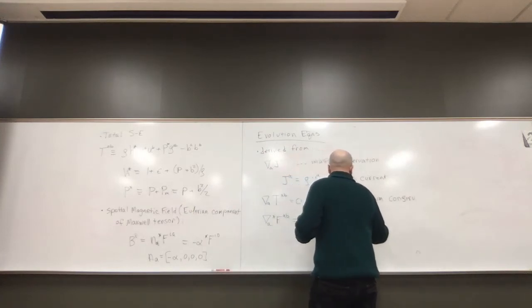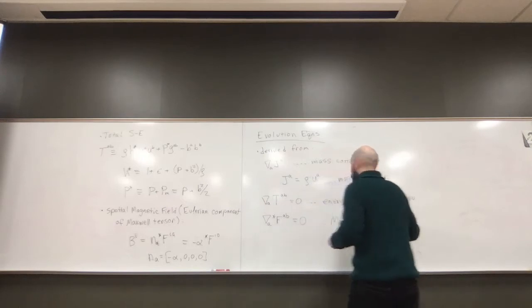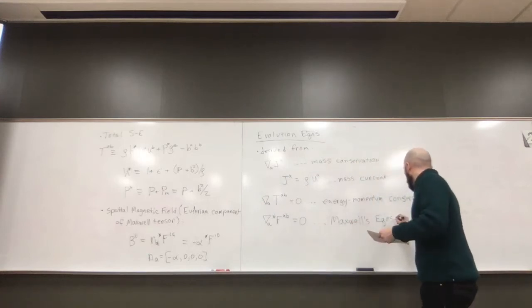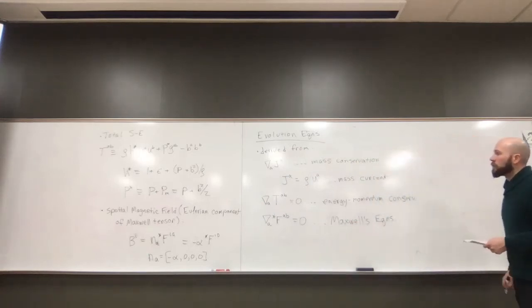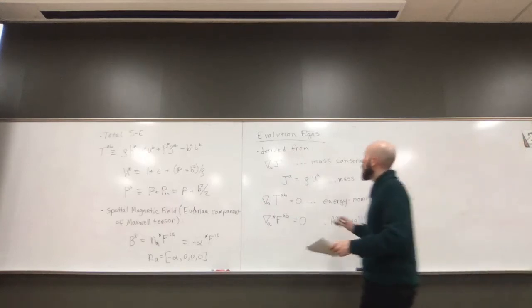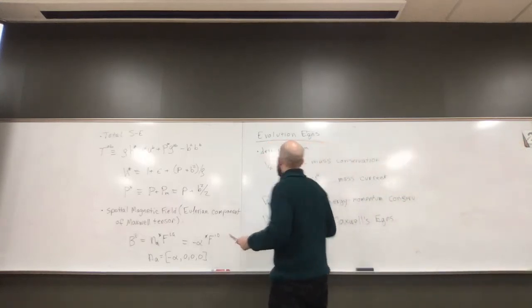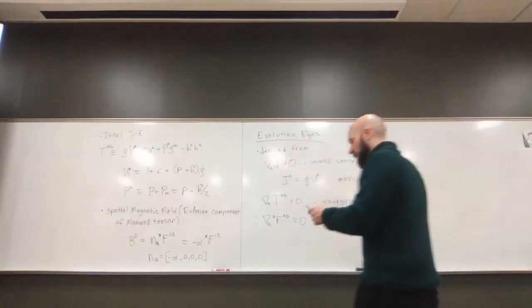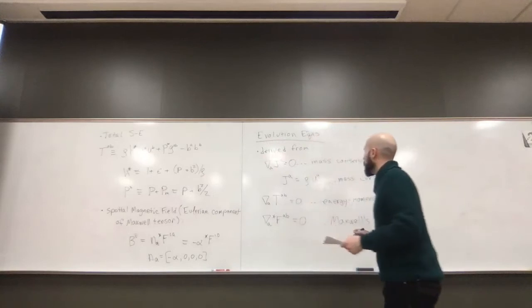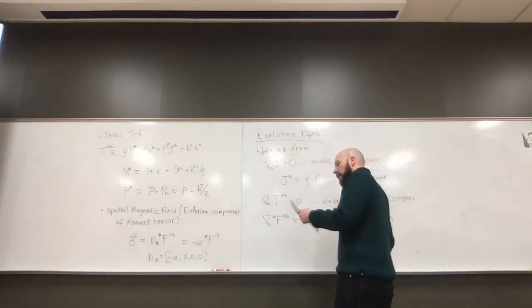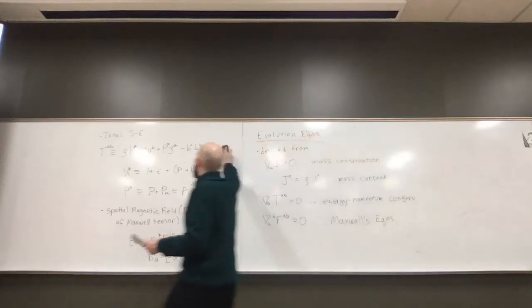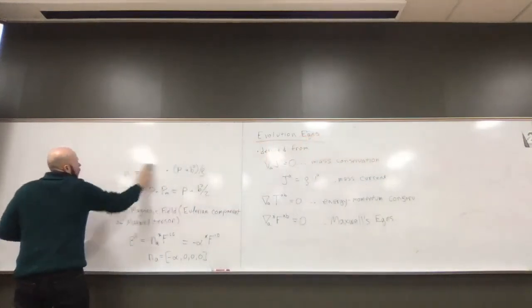And these are the way to express Maxwell's equations in a geometric relativistic form in general, like that. So using these, we can write down in 3+1 our evolution equations.